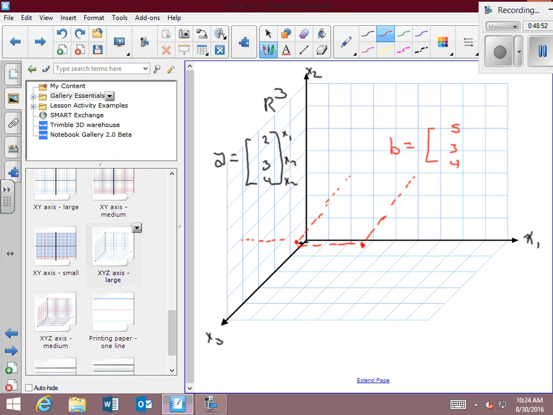I'm still not getting it. If I set this one out at 5, I'm just trying to get it so that you can see. That would be a point right here. And the vector would be the point from here out to here.